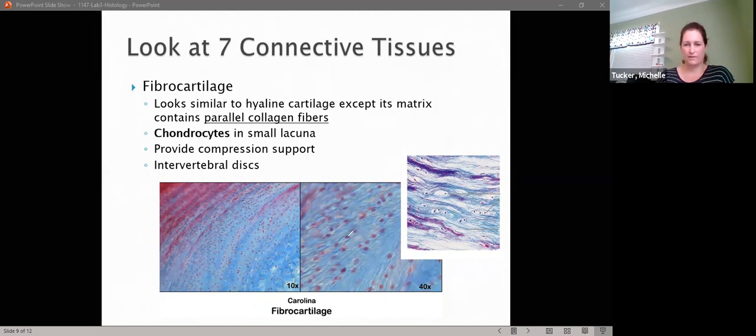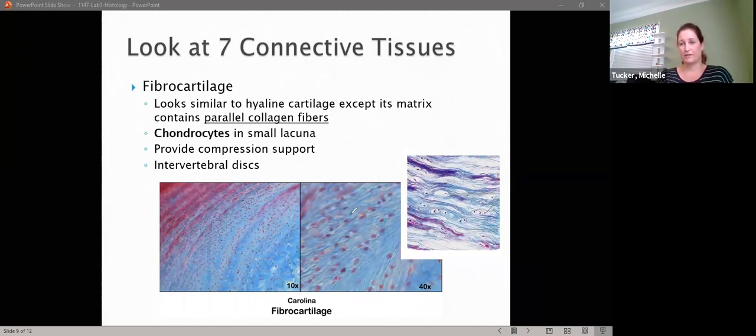Here we have waves of collagen staining either blue or pink, which makes them look purpley. So color is maybe not ideal to go upon, but it does have this wavy structure.